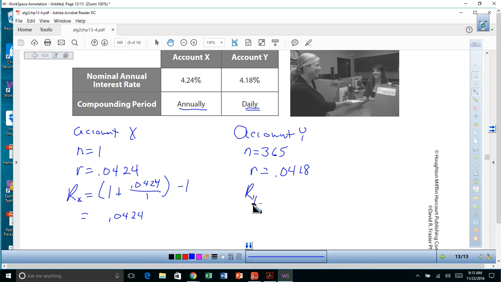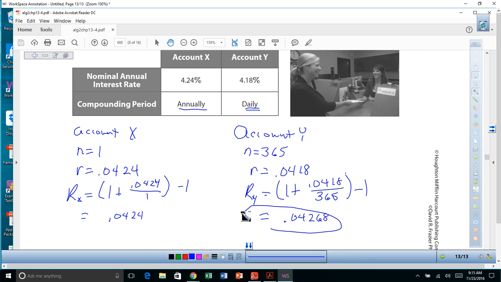The effective rate of Y is 1 plus 0.0418 divided by 365, to the 365, minus 1, and put that all in your calculator. You get 0.04268. Okay, I think I would choose Y. It's a little bit more. And over the long haul, that's going to be more money in your pocket.